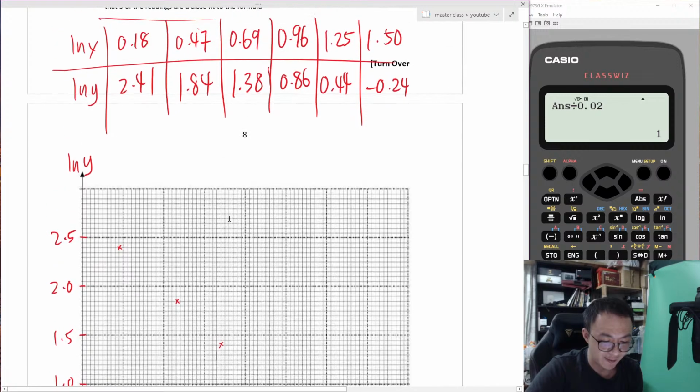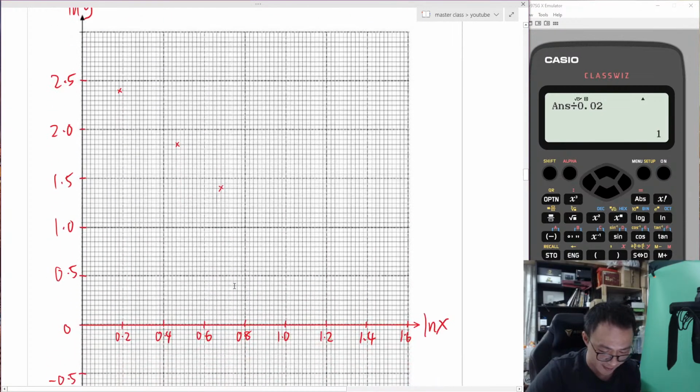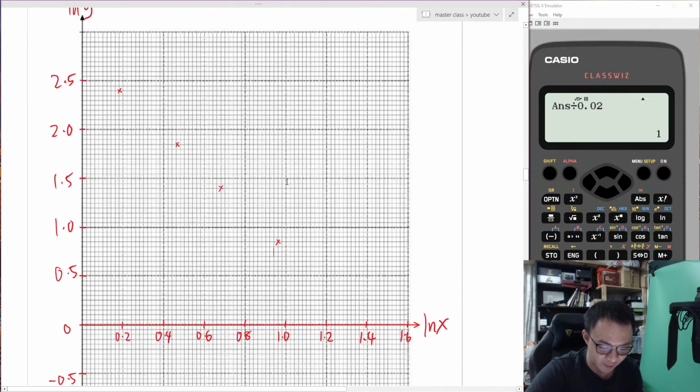Okay. Then 0.96, 0.86. 0.96 will be here, 0.86 is somewhere here. Okay, then 1.25, 0.44. 0.44 is somewhere here, and 1.25 is somewhere here.